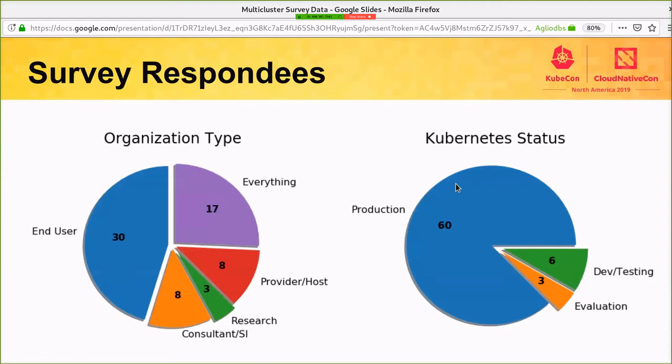I want to talk a little bit more about who responded before we get into what they said. We had options for organization type, which include end user, provider, host, research, consultant, organizations that do everything.